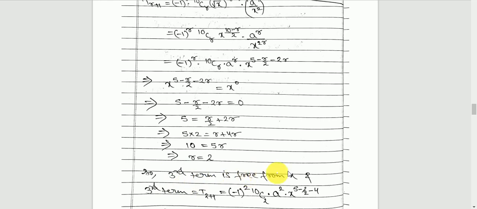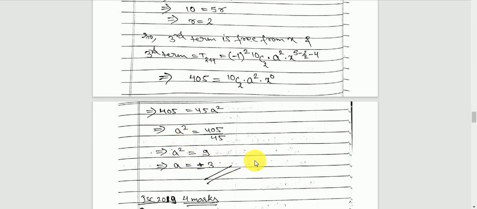So the third term is T(2+1) equals minus 1 to the power 2, 10C2 into a to the power 2, into x to the power this. Whatever you had calculated over here, same thing you have to write, but in place of r you are going to write 2.